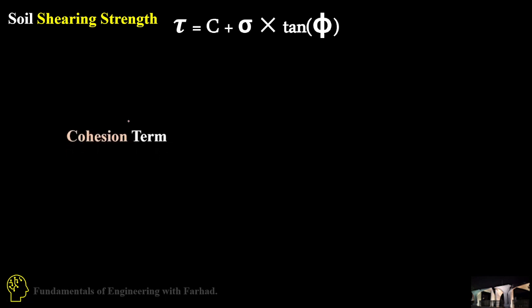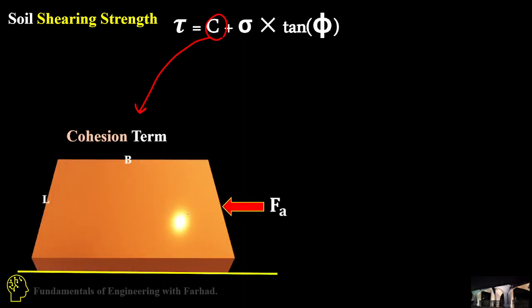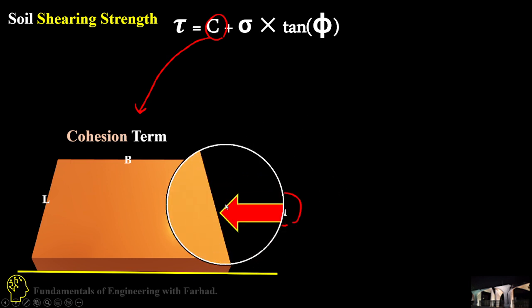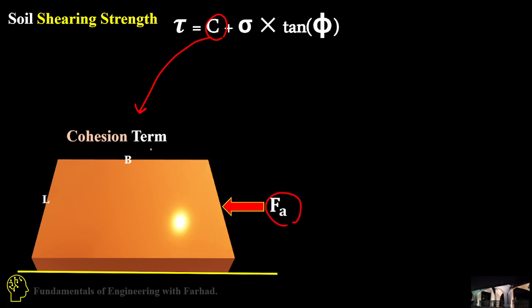So again, let's focus on the cohesion term. If a horizontal force like Fa is applied to a soil sample, a soil element, you can see these small arrows, which represent the cohesion of soil.